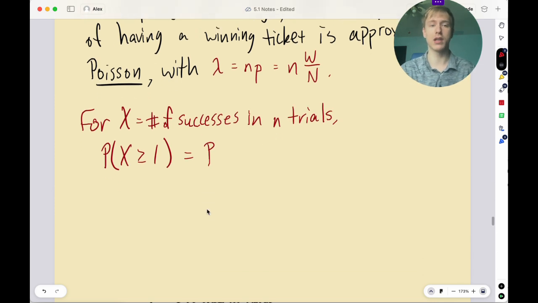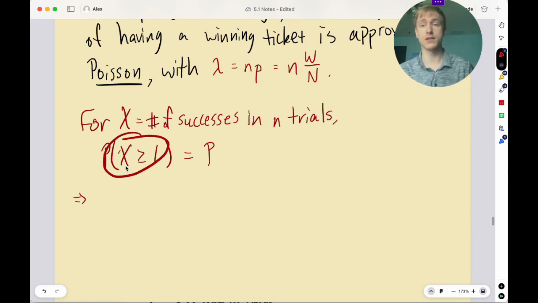Okay, but we can plug in on the left side. So this is going to imply what? Well, first things first, this is ordinarily very difficult to calculate, because getting at least 1 success means I can have 1 success, 2 successes, 3 successes, all the way up until n trials, where n is obscenely big.